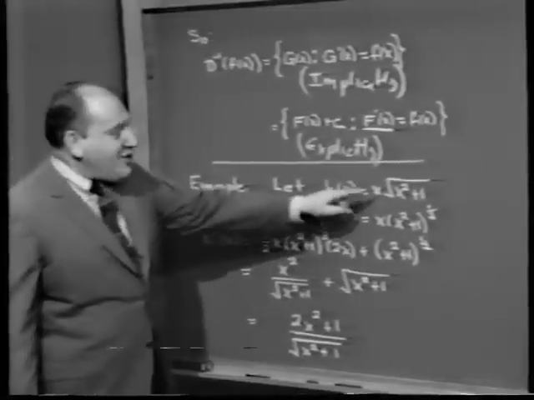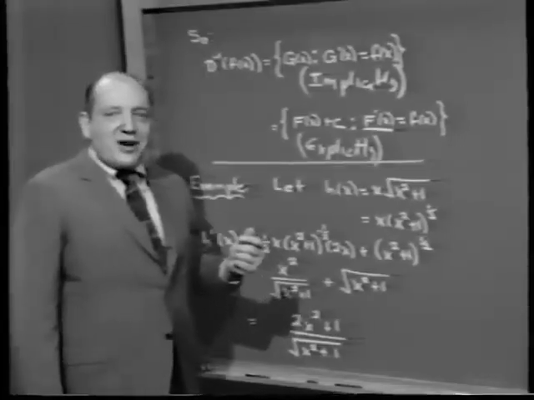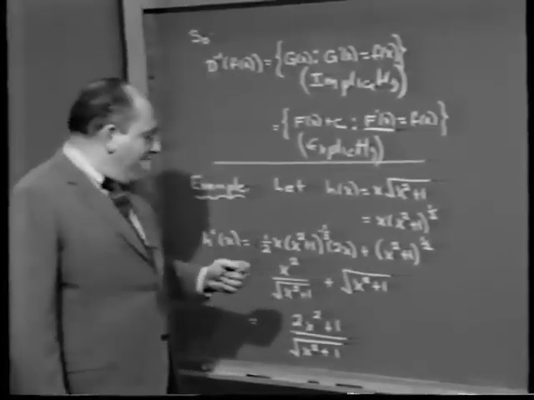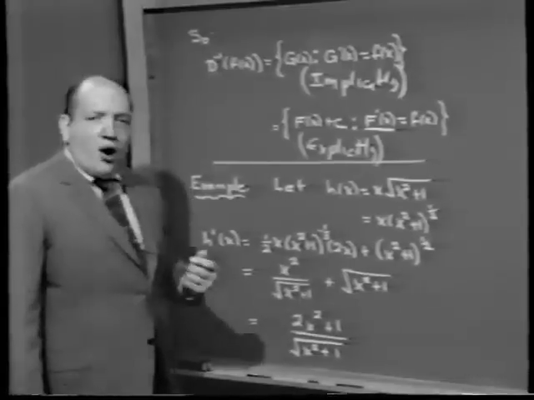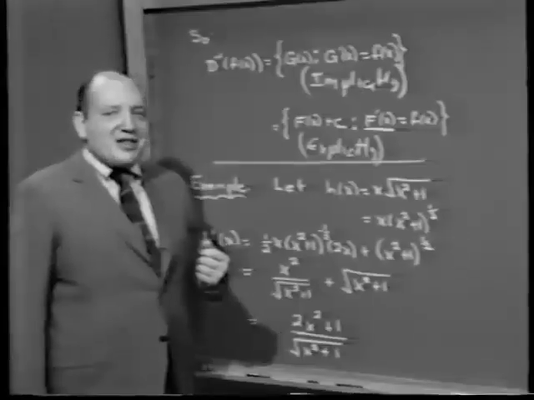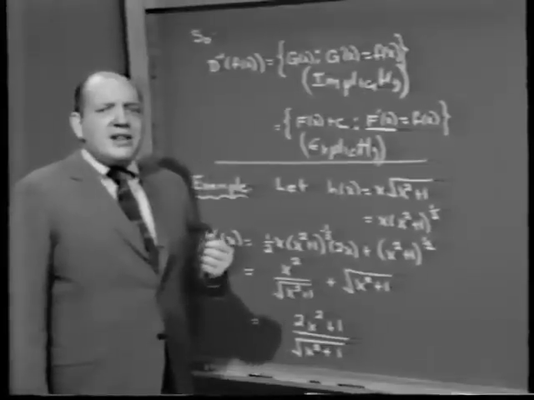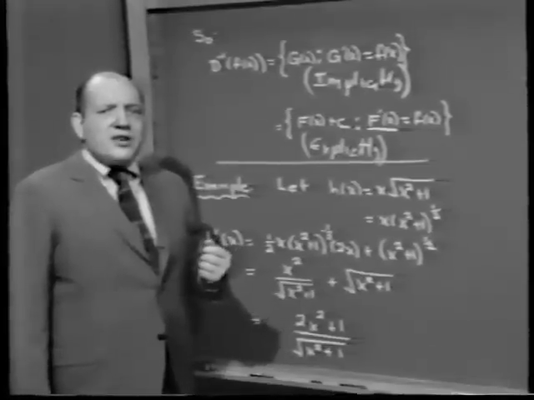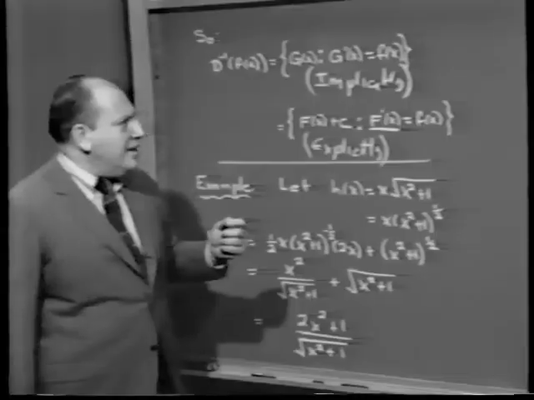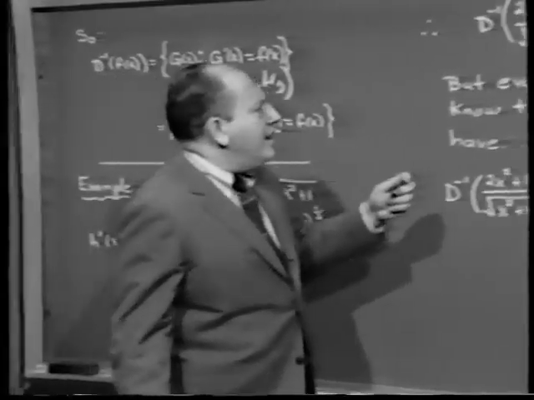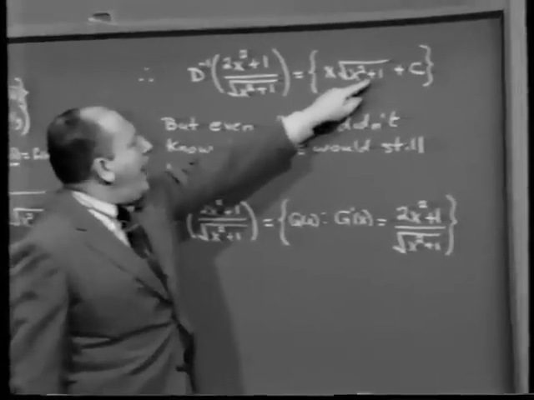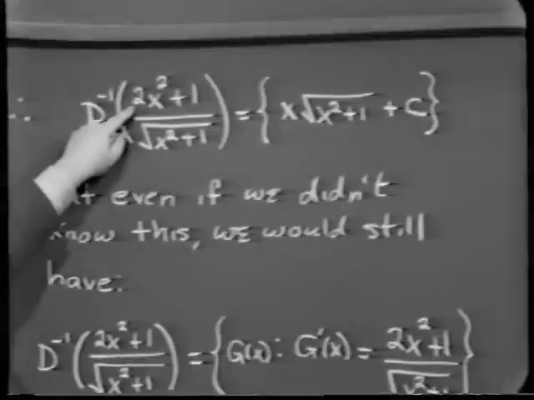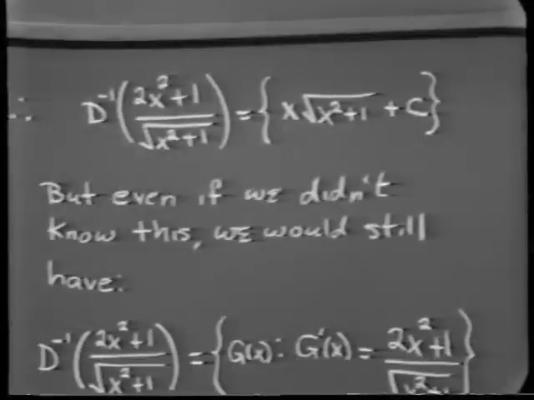Starting with h of x equaling x times the square root of x squared plus 1, I now know that its derivative is (2x squared plus 1) over the square root of x squared plus 1. Let's write that in terms of our D inverse notation. Namely, x times the square root of x squared plus 1 has the property that its derivative is (2x squared plus 1) over the square root of x squared plus 1.